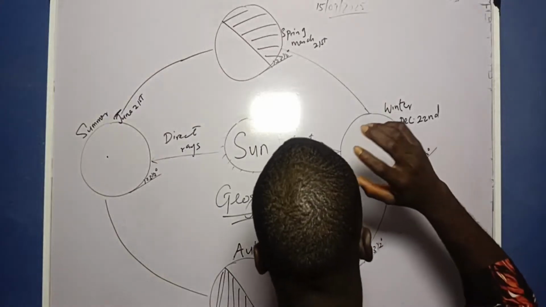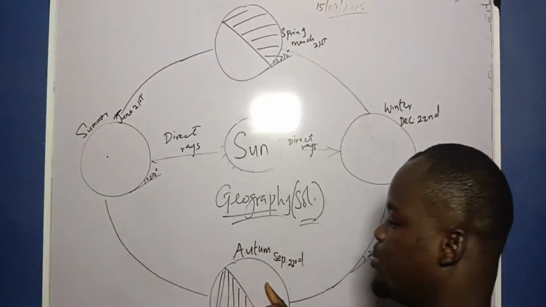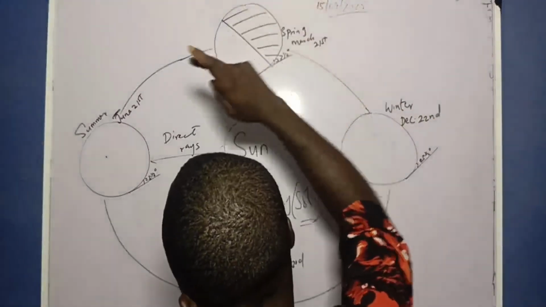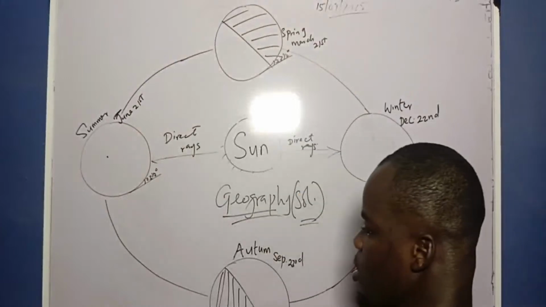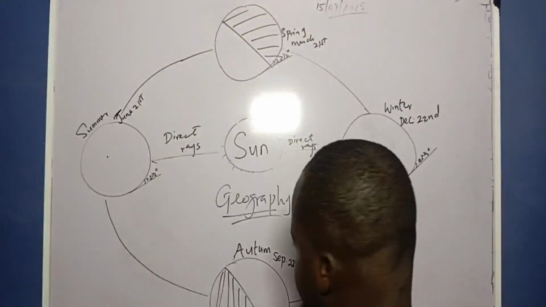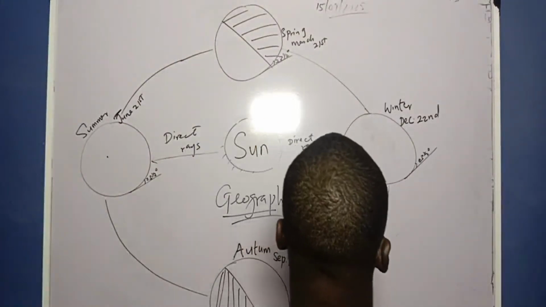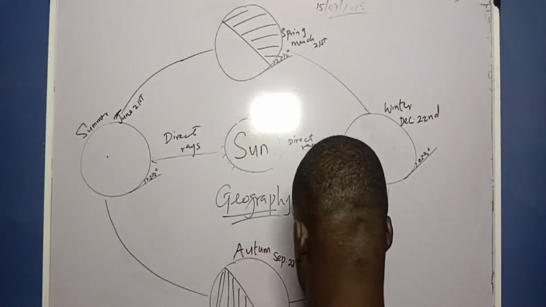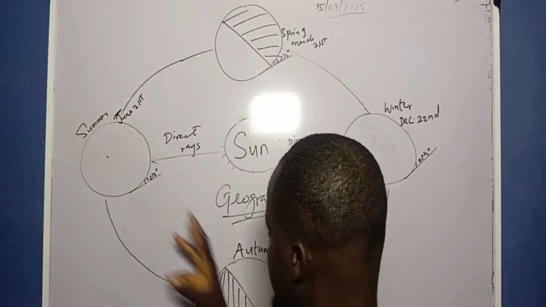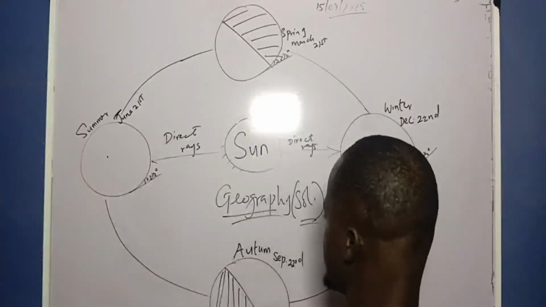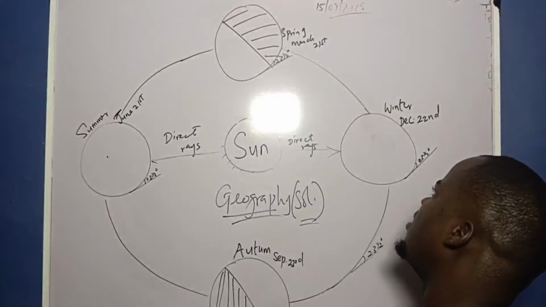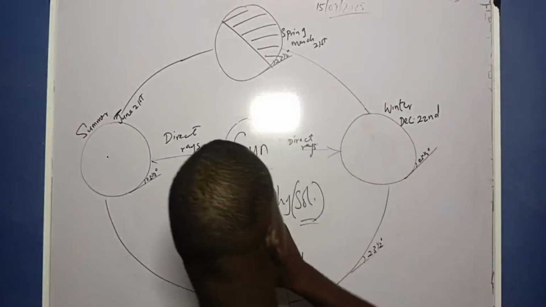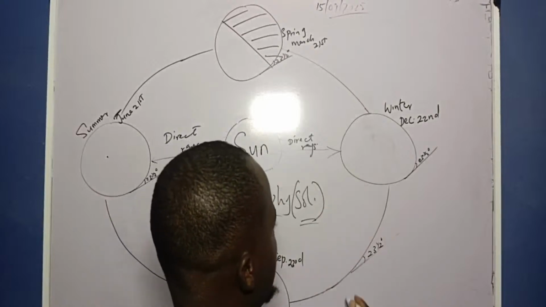So we have the autumn, we have the winter, we have the spring, and we have the summer. These are the four most important areas we are going to be touching today. So we have Earth rotation and Earth revolution.